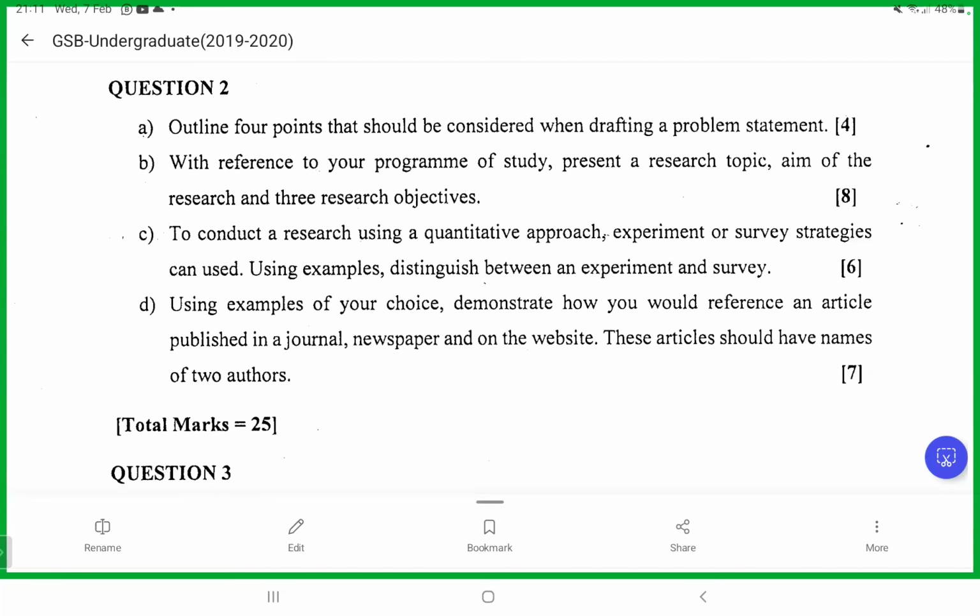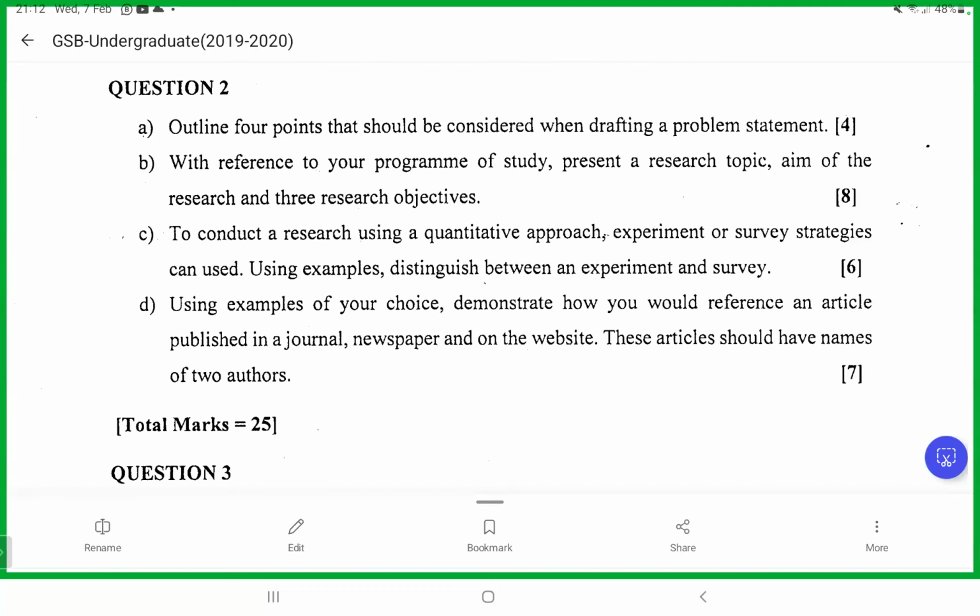That's what we want to discuss. What issues do you consider when you're choosing a research question? How do you come up with the aim of the research, and how do you come up with the research objectives? How do you design the research objectives? So just these top parts, the first 12 marks, this is what we want to discuss.